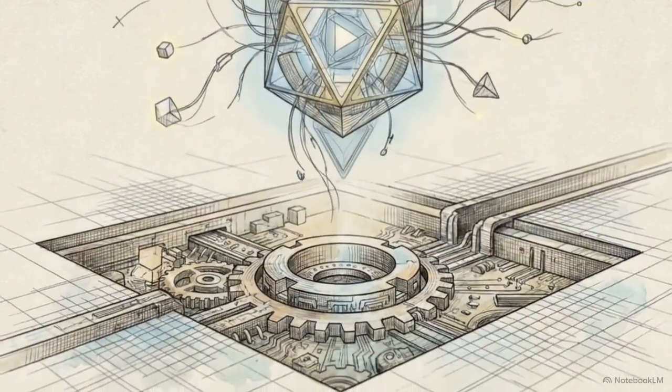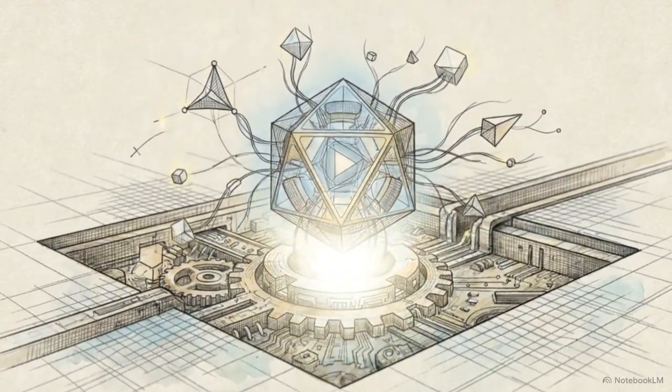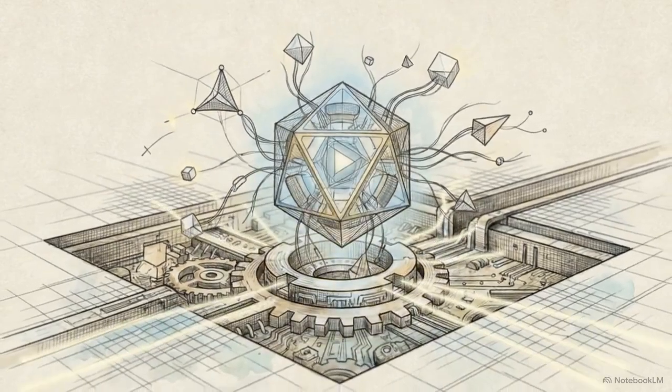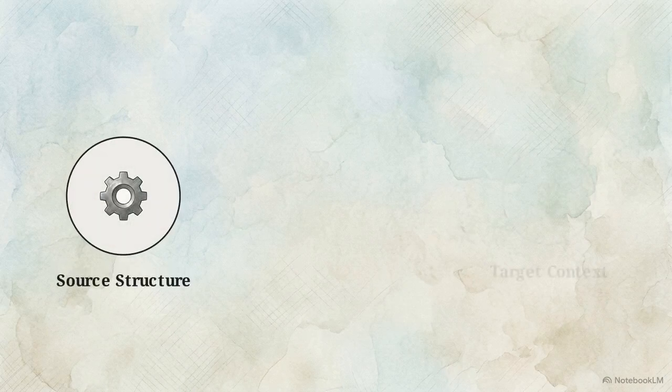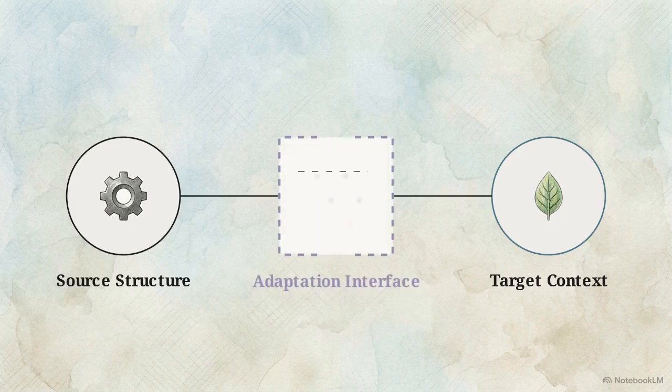In AI deployment, a capability is inherently useless in a vacuum. It only generates value when it is structurally connected to a real domain. Bridging follows a formal sequence. First, you identify the source structure and map it to the target context. Next, you build the adaptation interface. This handles the friction of real-world domain constraints and user workflows.